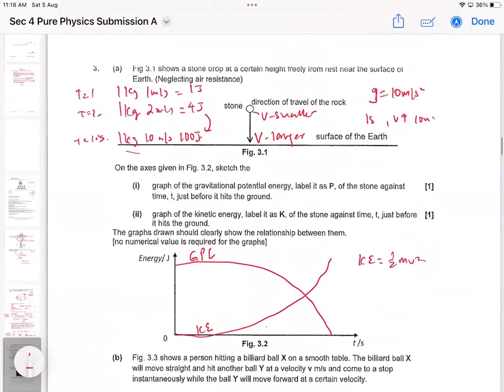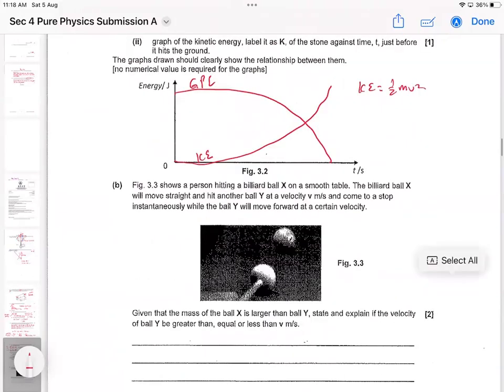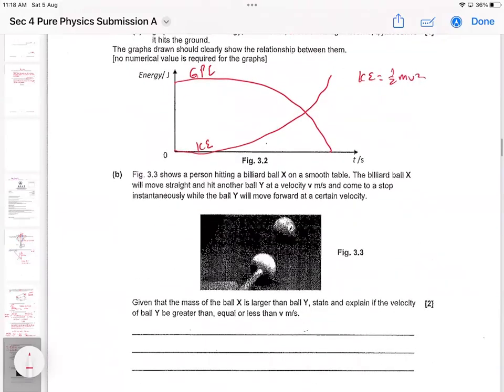Okay, the question here says that ball X is larger than ball Y. Ball Y is the one that's being hit. So the question asks whether the velocity of Y will be greater, less, or equal to.